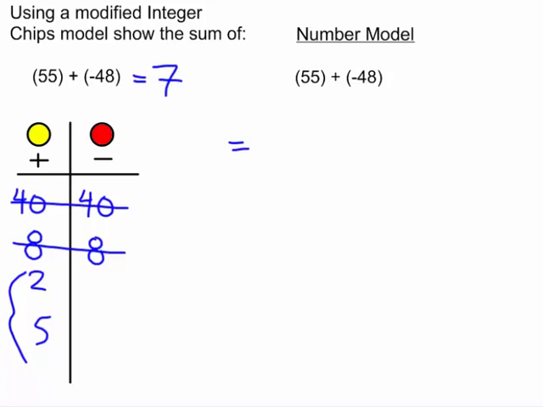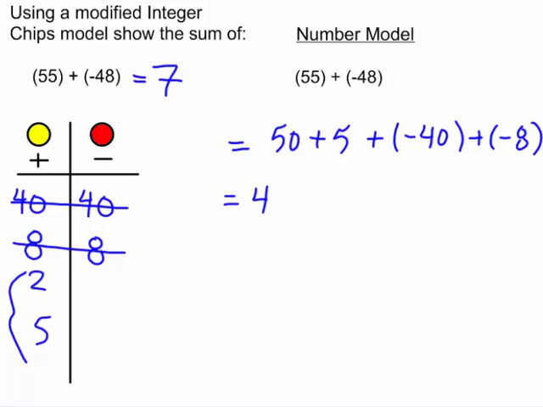And now I'm left with an unbalanced amount of 7 positive chips. Same sort of idea on the number model, only instead of writing it in columns, we might break it up into a 50 plus a 5 plus a -40 plus a -8. And it might take us a line or two to figure out how to break these down so that they match up nicely. So I'll continue to break the 50 down. And I'll get to my -40.